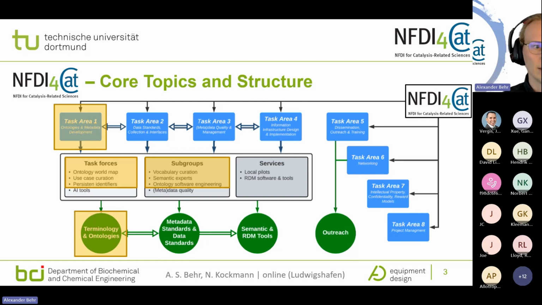We are dealing basically in our task forces with the ontology world map, for example, so a collection of ontologies relevant for catalysis research and for creation of use cases, persistent identifiers, vocabulary creation for our domains, and so on. And within this, we deal big time with terminology and ontologies.